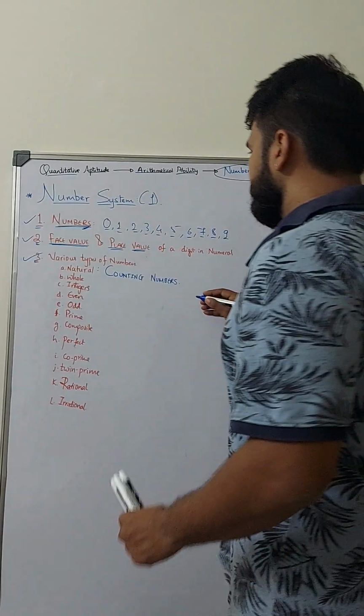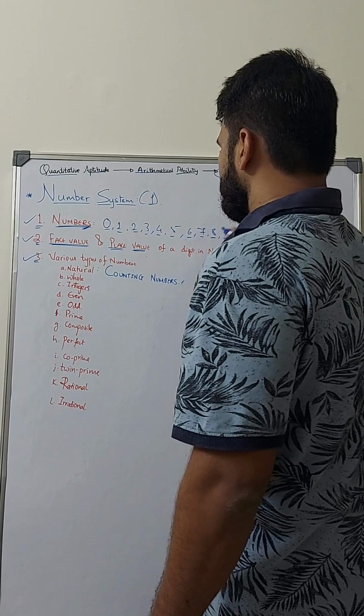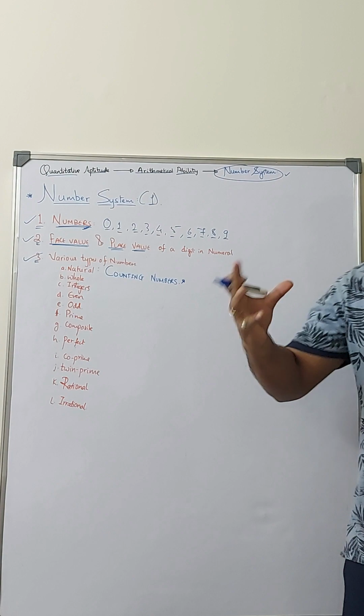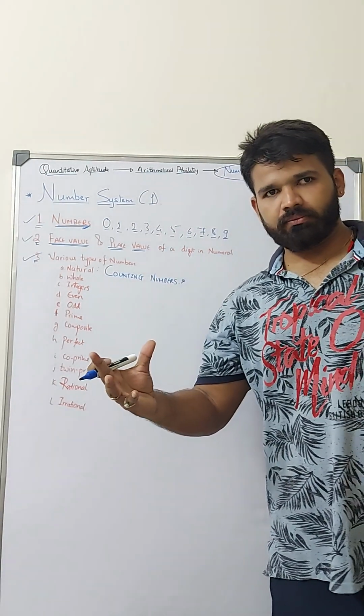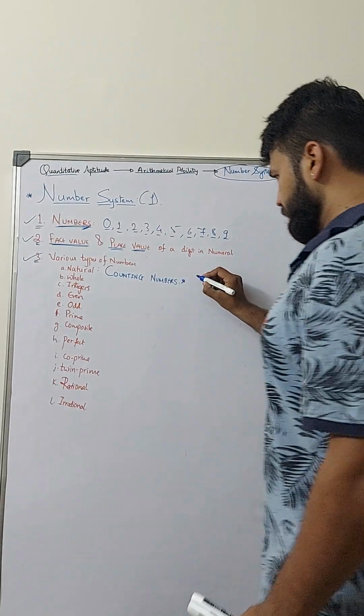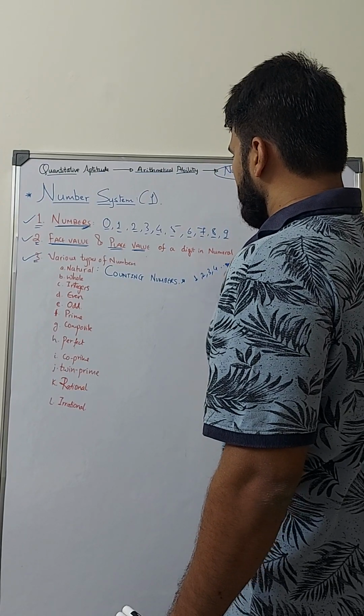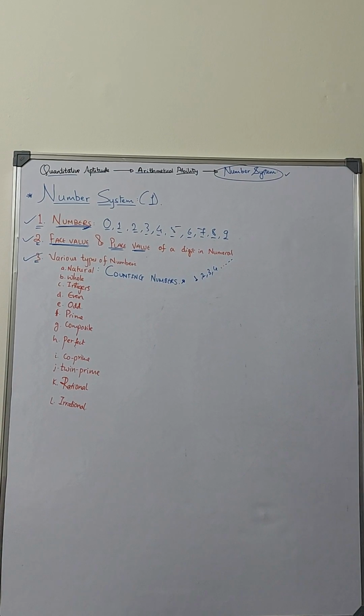Yes, these are the natural numbers. So counting, from where will we start? We will count some quantity, right? It will be 1. From 1 we will start. From 1, 2, 3, 4, and so on. So these are the natural numbers.